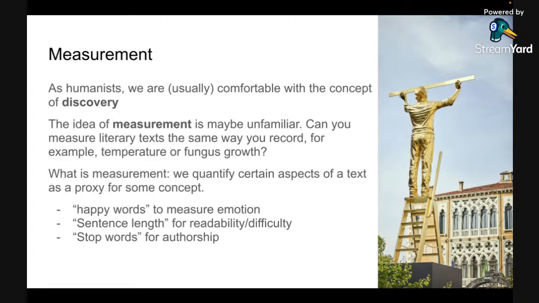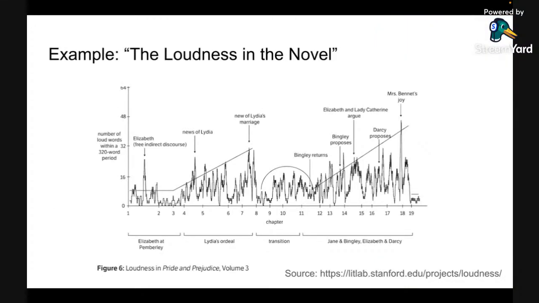Long sentences are often used as a proxy to say if this text is difficult or easy to read. So I hope this makes clear that by measuring some aspect of a text, which could be quantifying happy words, quantifying stop words, or measuring sentence length, you can measure something about the text and then use this for analysis later.